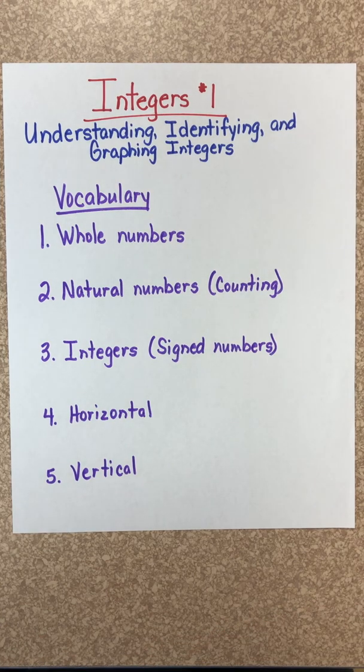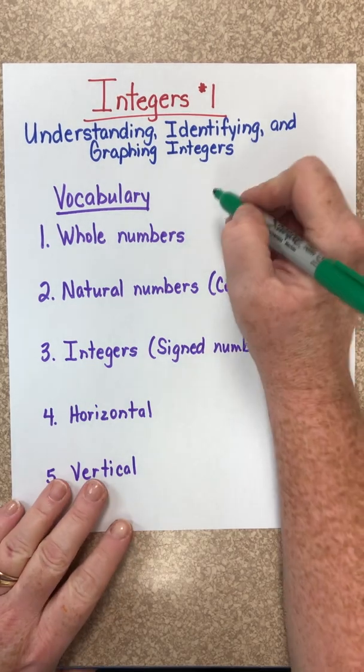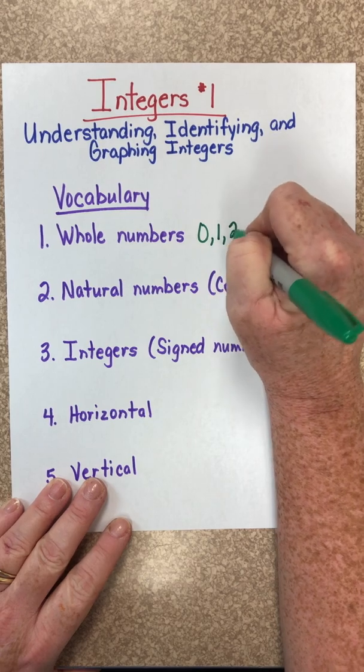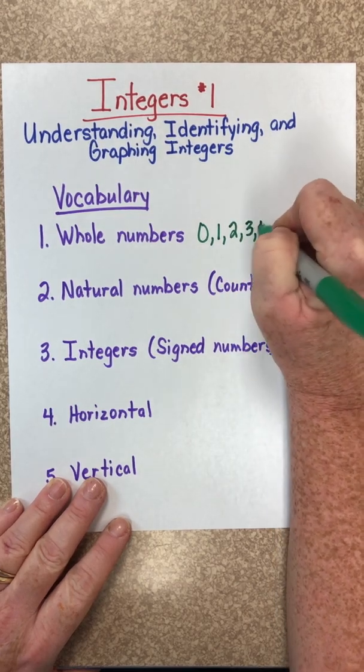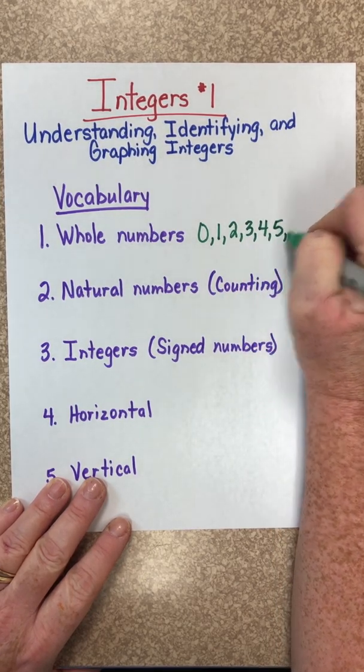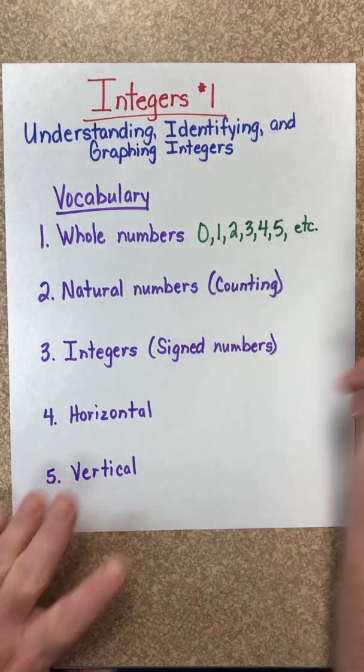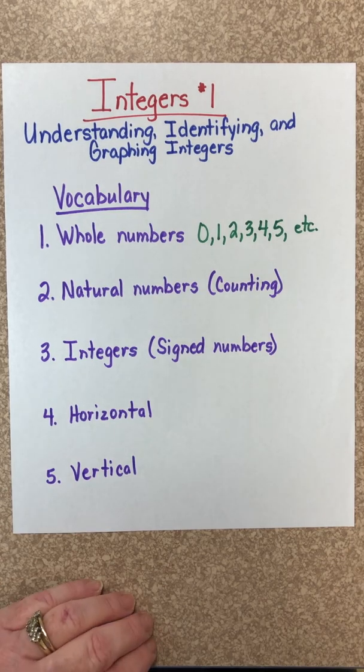Number 1, whole numbers. Whole numbers start at 0 and continue with positive numbers. So 0, 1, 2, 3, 4, 5, 6, 7, and on.